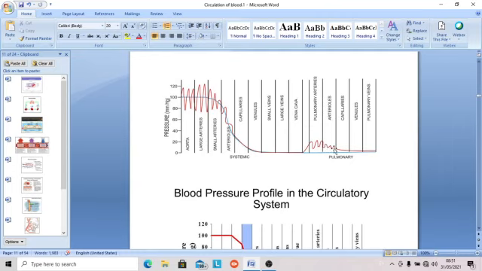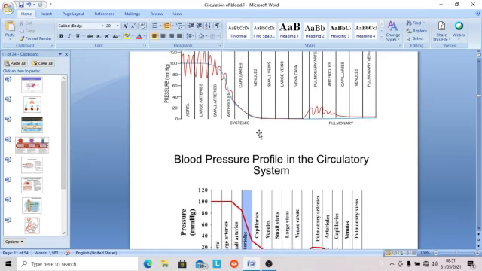Again it reduces, and the pulse almost disappears at the end of pulmonary arterioles. Then these are pulmonary capillaries and pulmonary venules, then pulmonary veins. So this is the whole profile of the blood pressure in the various systems, including the veins, right atrium, left atrium, everywhere.